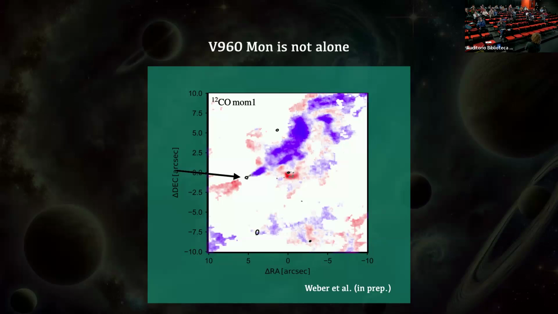No, this is one of the major things that we need: kinematics that are good enough to figure out whether this structure that we see in scattered light is actually a disk, if we can find Keplerian rotation, or whether it is part of an infall.